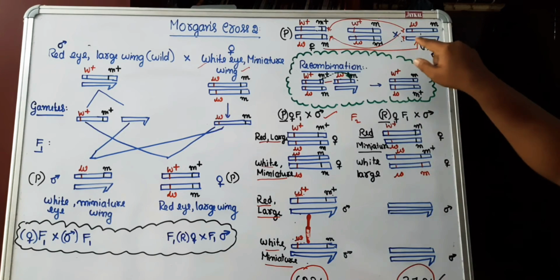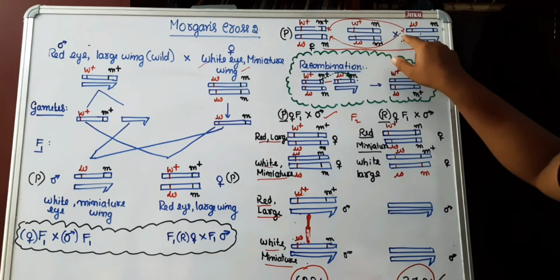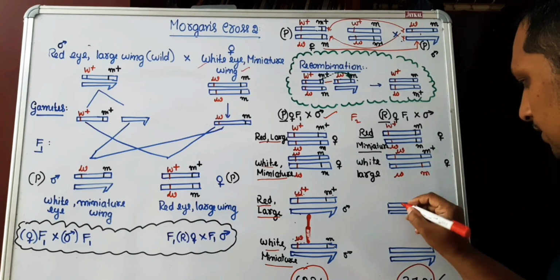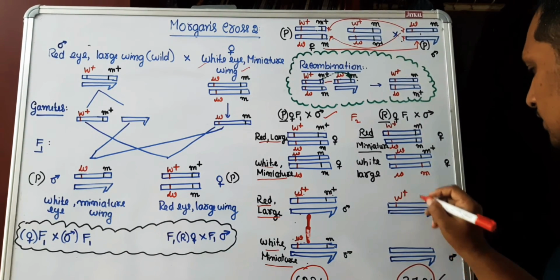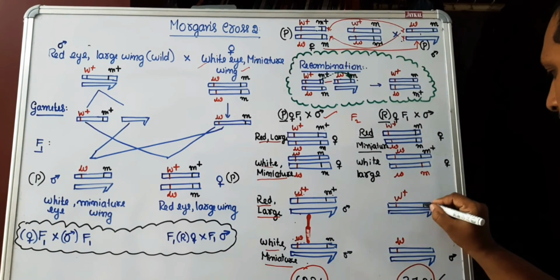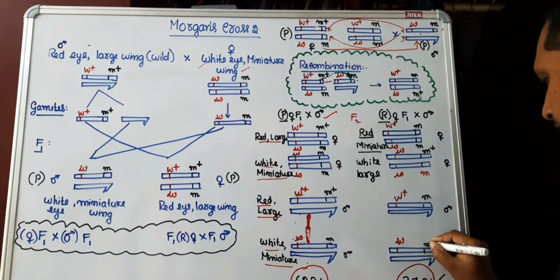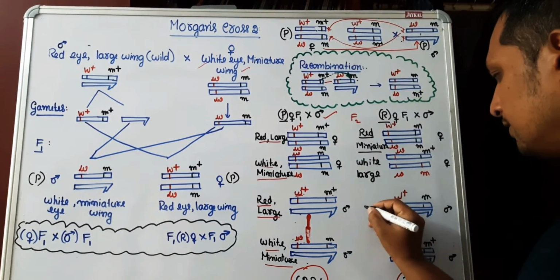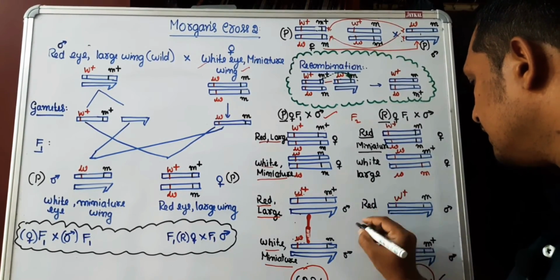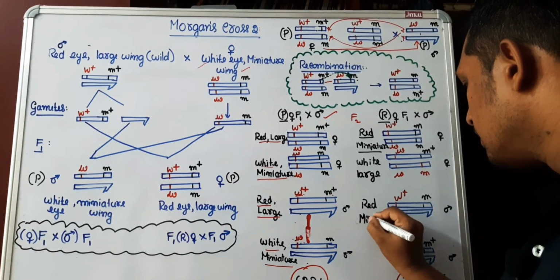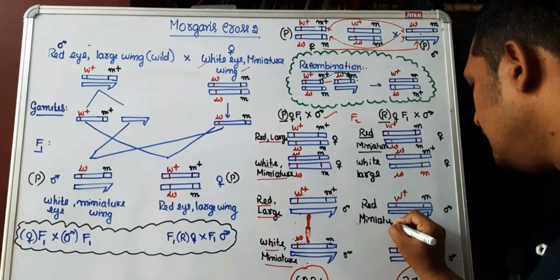Next we'll have to cross between first X into Y, second X into Y. First X has W plus, second X has small w, first X has small m, second X has m plus. What is the phenotype? W plus, if it is there, red-eyed, small miniature winged male is formed.